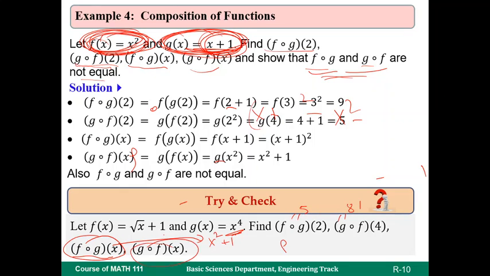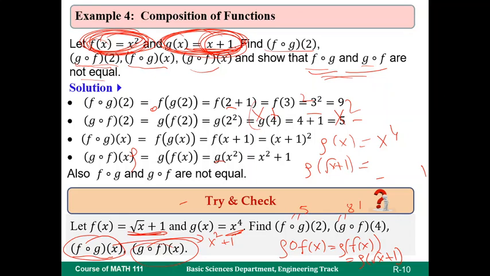Now let's look at here g of f of x. What is f of x? F of x is square root x plus 1. And now here comes the question, what is g of square root x plus 1 if g is x to the 4th? We basically replace x with the square root of x plus 1, so it has to be this.